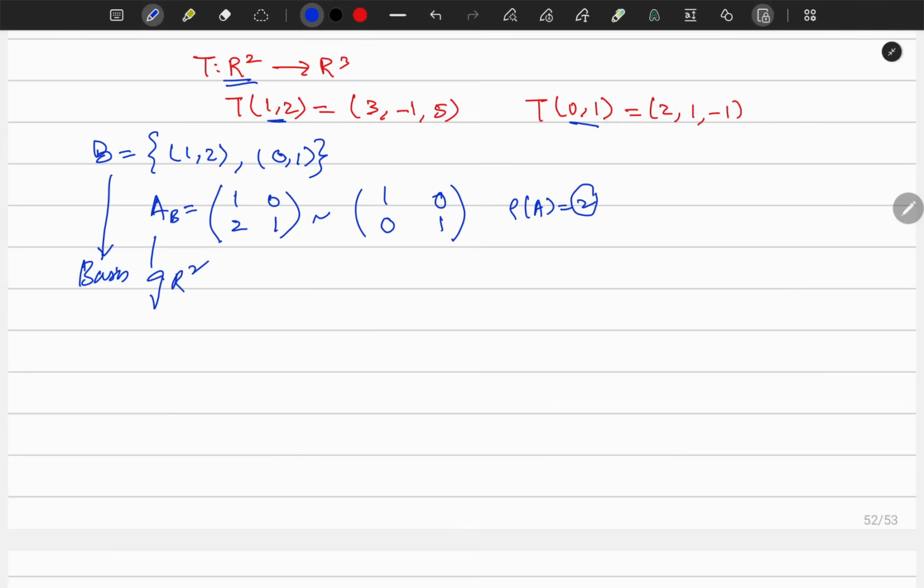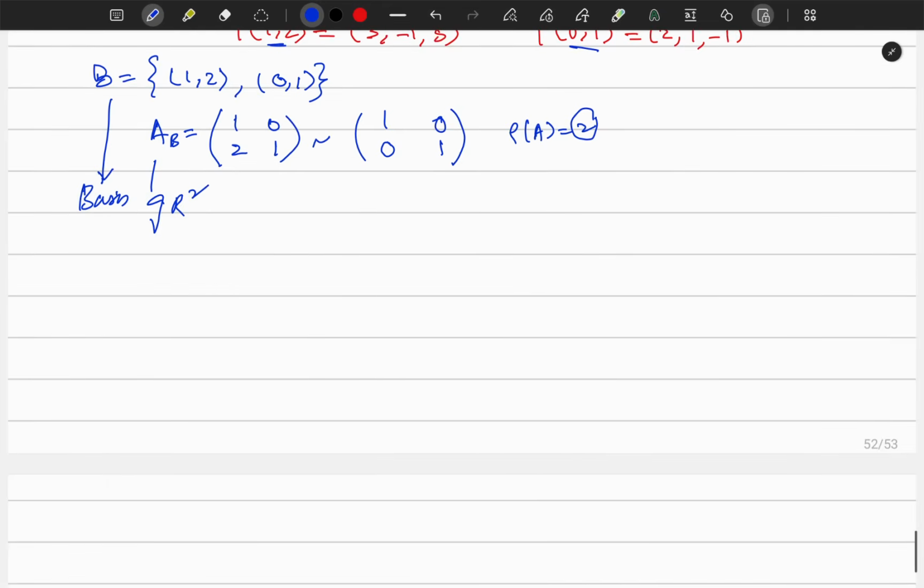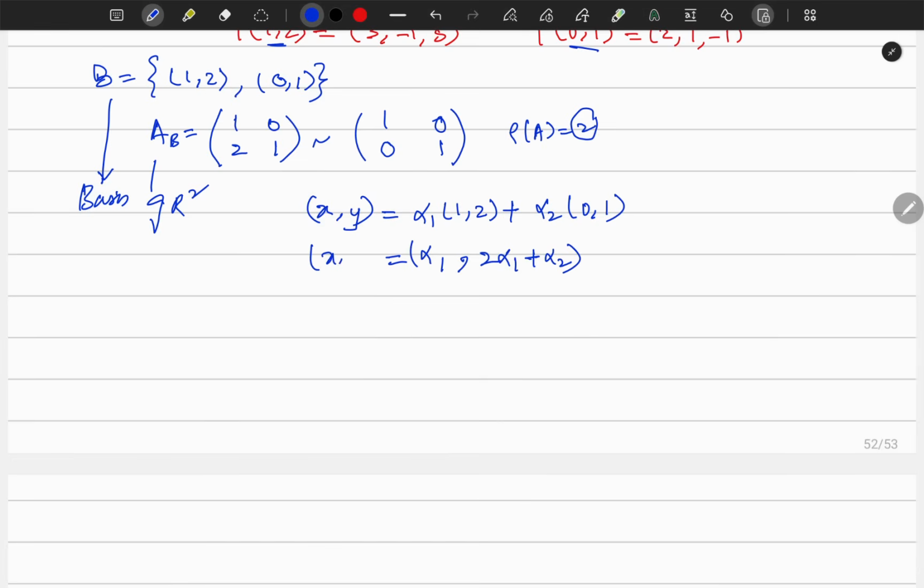When it forms a basis of R2, what will you do? Since T of (1 comma 2) is given, you say every vector x and y in R2 is a linear combination of these vectors. So that's alpha 1 (1 comma 2) plus alpha 2 (0 comma 1). It will give you (alpha 1 comma 2 alpha 1 plus alpha 2). So this is x comma y.